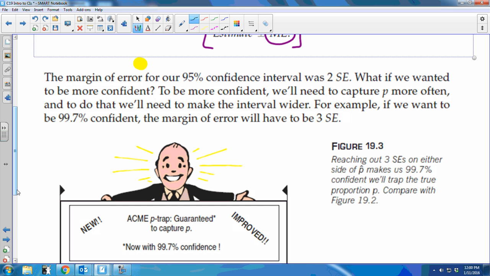But just know, the more confident you are, the wider your interval gets. That's important. That's the type of question they ask on the AP exam. If we change our interval, we change our decision, say from 95% confident to 98% confident, what happens to the interval? And I'll give you a bunch of choices.